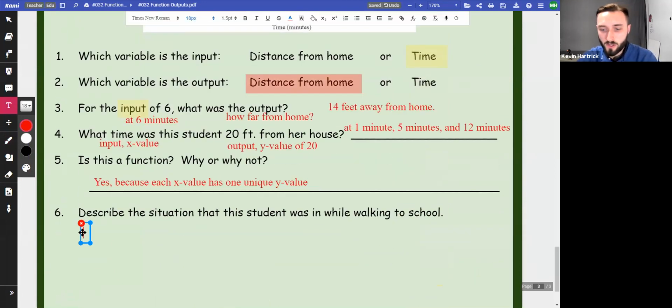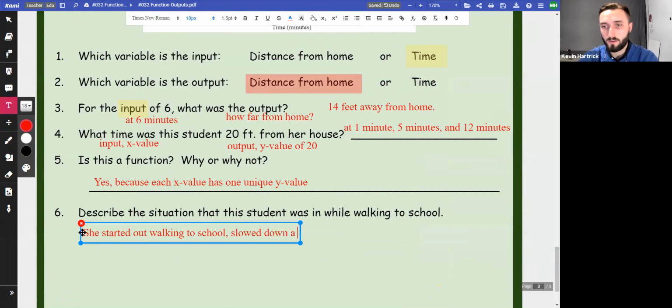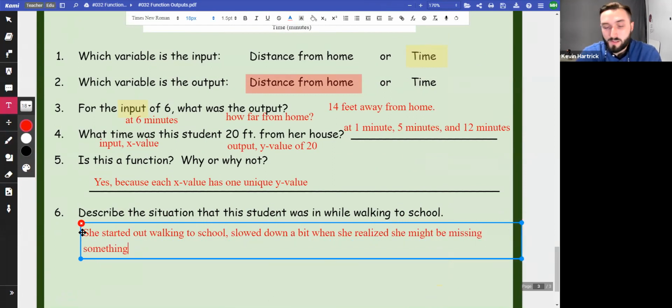So she started out walking to school, slowed down a bit when she realized she might be missing something. We don't know this. This is kind of just assuming, right? Just based on the graph. We don't know exactly what happened, but this could be something that happened.